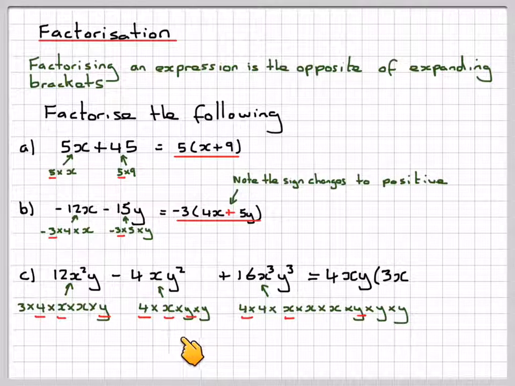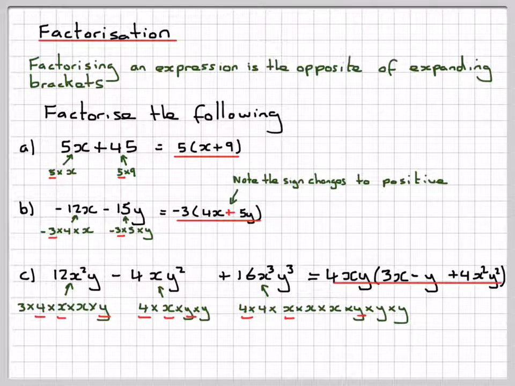Here I've just got a y left, so it's plus minus a y, because of that minus sign there. And here I've got 4x squared y squared. Okay, so it's just a different way of looking at factorization.